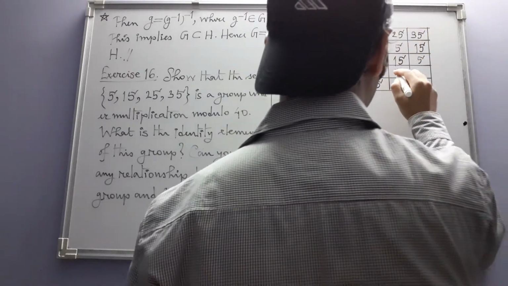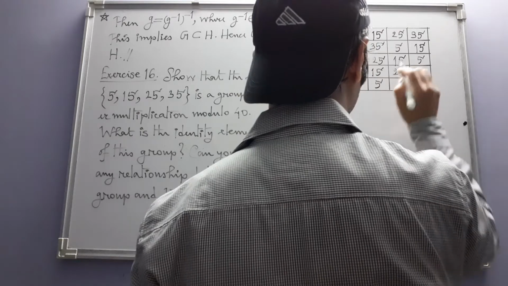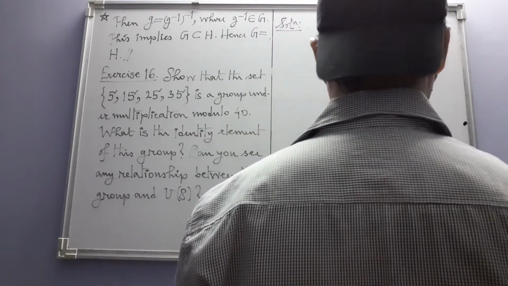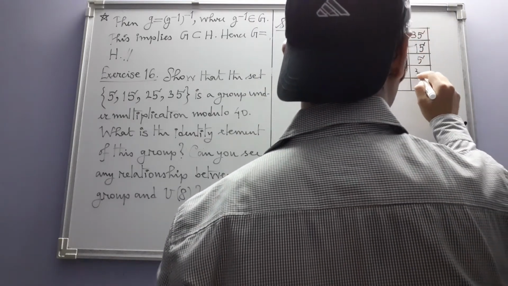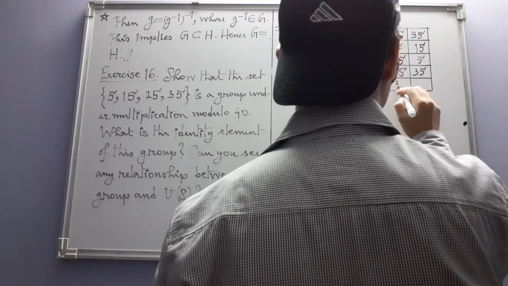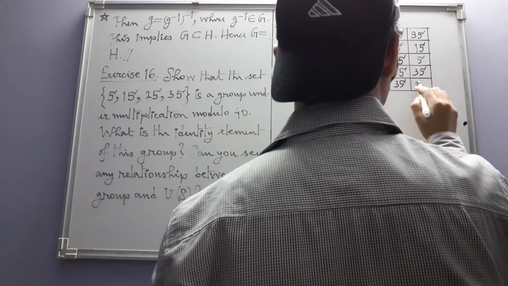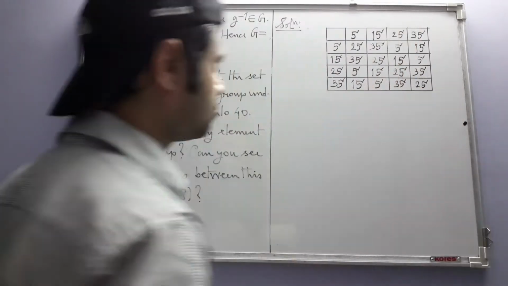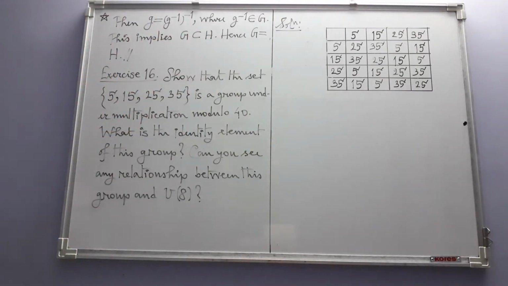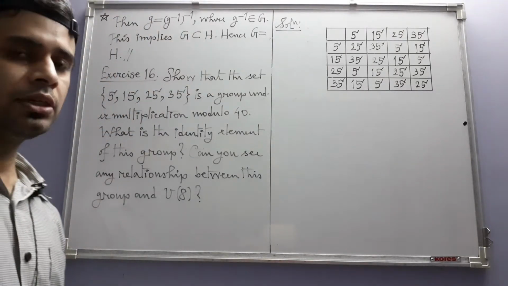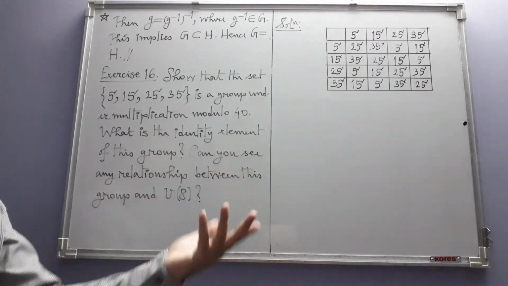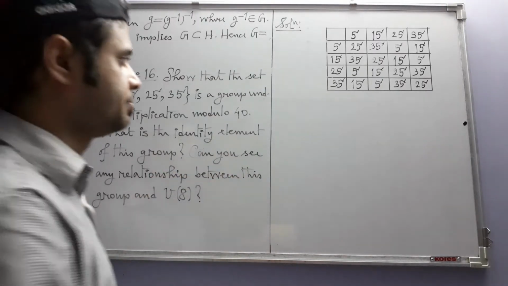Then 25 times 25 turns out to be 25, and then 25 times 35 is 35. This is 35 and this is 25. Now from this composition table, how can we conclude that the system is a group?